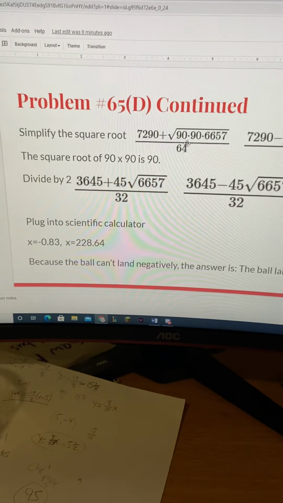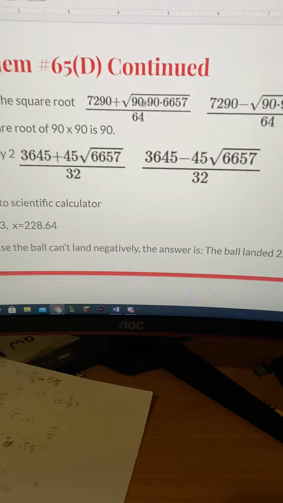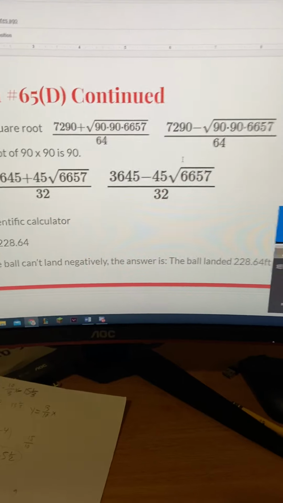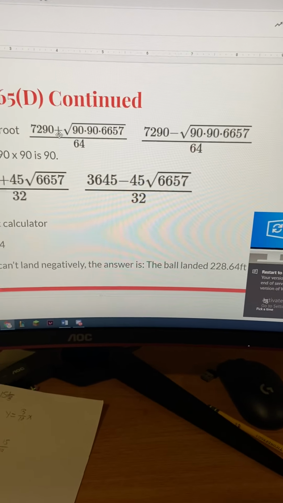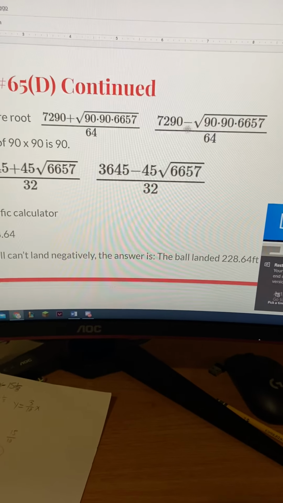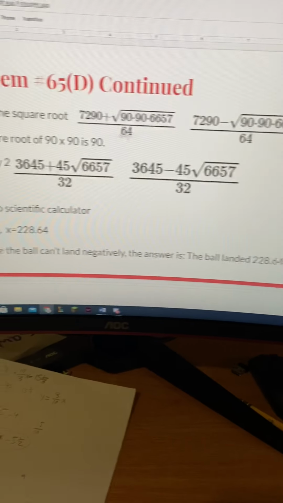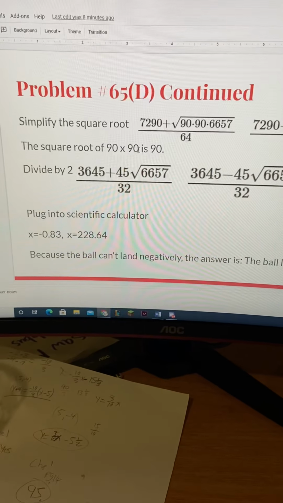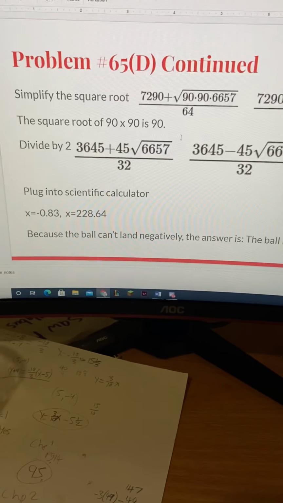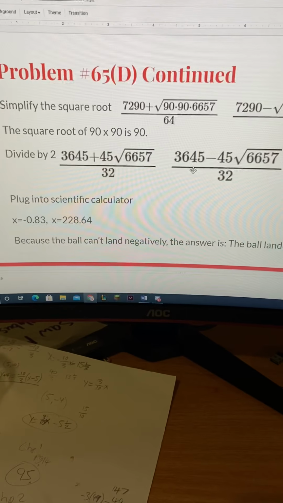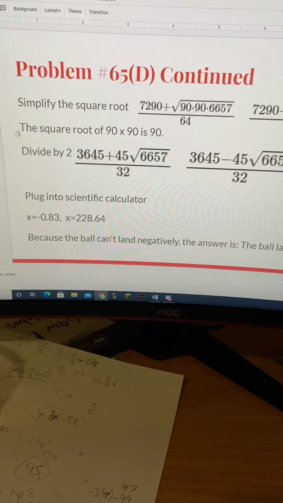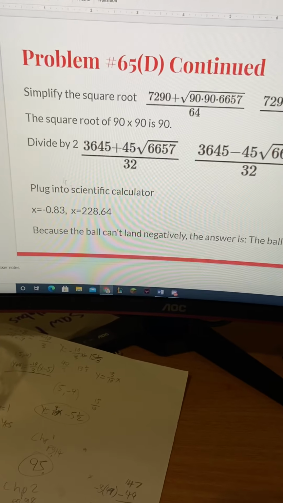the next thing we can simplify is the square root. 90 times 6,657. And I also separated the plus or minus into 2 separate equations. The square root of 90 times 90 is 90. So after that, we can take it out of the square root. And after that, we divide it by 2.